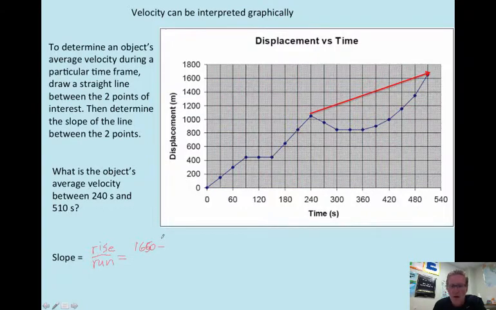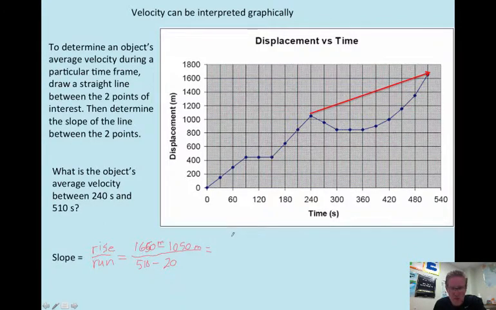And the beginning point is going to be 1050, and these are all in meters. That's going to be over our run, which is 510 minus 240, because this furthest point is 510, and this point right here is 240.